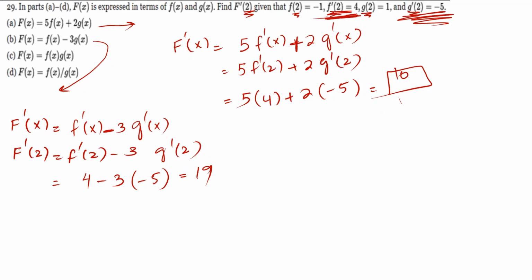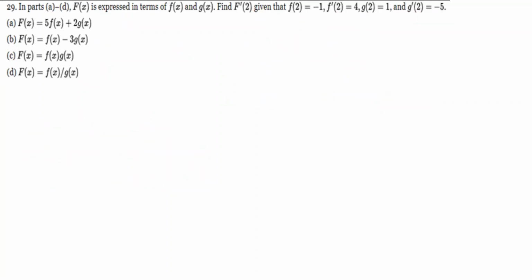Okay, now you have the third, C part. You can see very easily that it is the product rule of differentiation. In the product rule of differentiation, we know the formula is fg prime plus gf prime. So it is f prime of x. Now we can write here x to make it simpler for us.